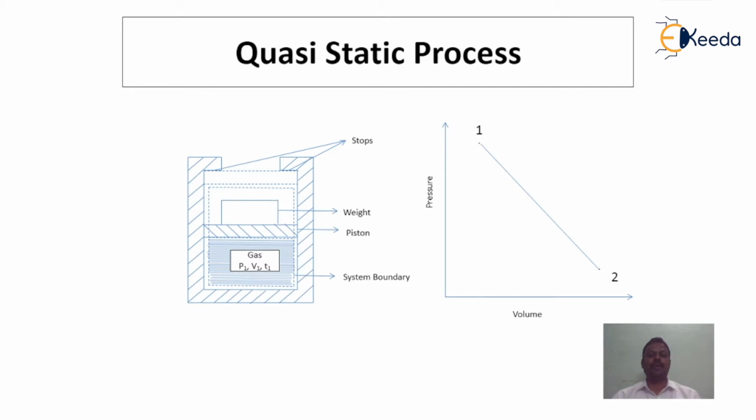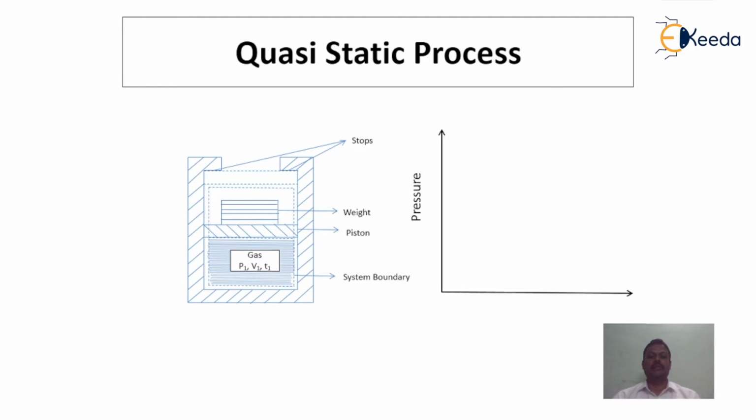So to have the exact path, the single weight is replaced by many small weights, and if the initial state is plotted on the graph with pressure P1, volume V1, and one of the weights is removed, the piston moves upwards and reaches thermodynamic equilibrium with pressure P2 and V2, and if it is plotted on the graph, the change of state takes place like this.